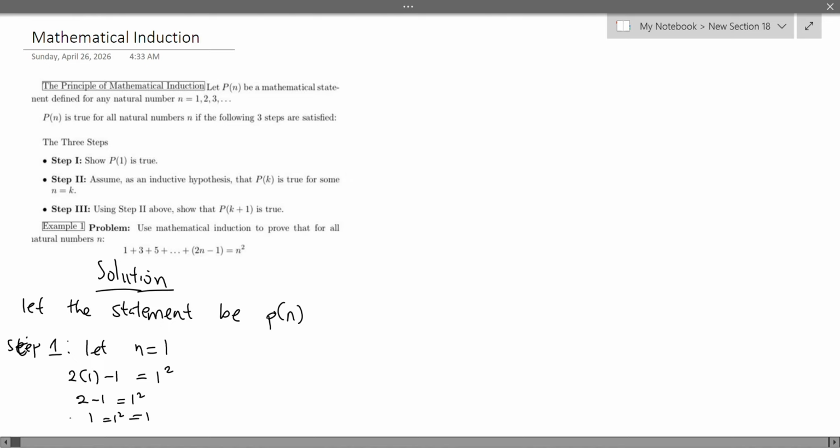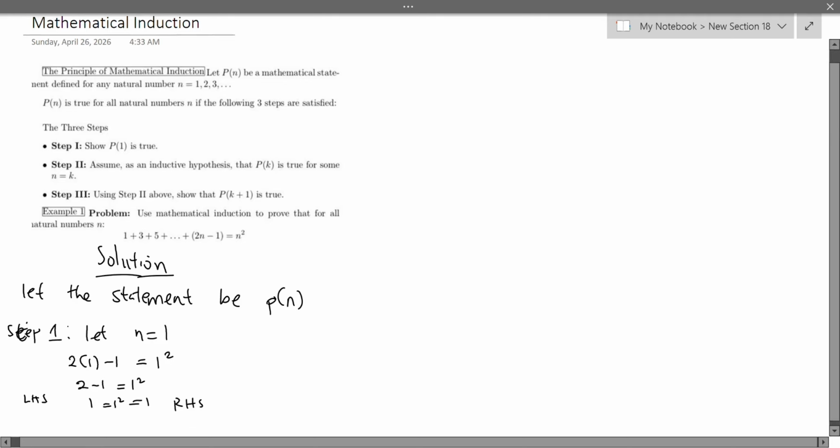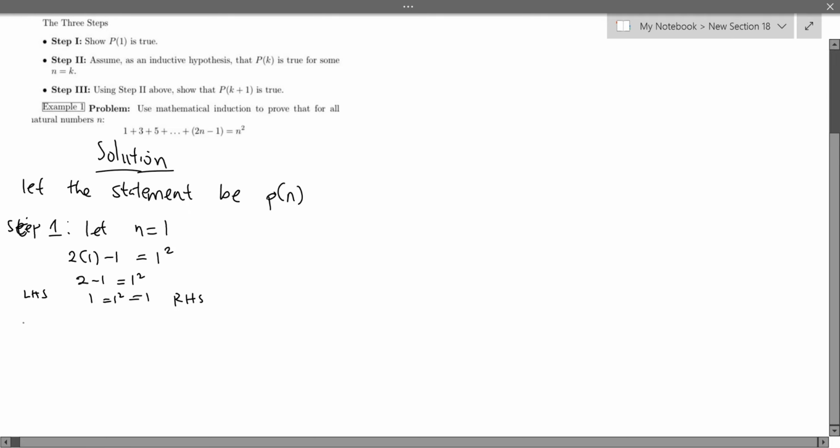So you can see that the left hand side is equal to the right hand side. So P of 1 is true. That is what we've observed: P of 1 is true because the left hand side is equal to the right hand side.